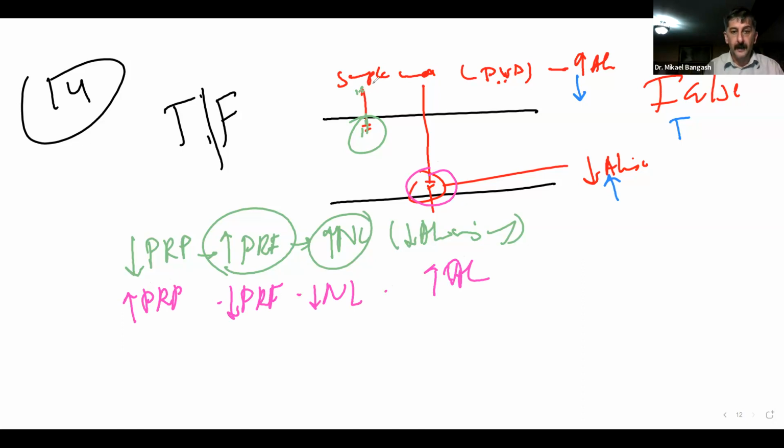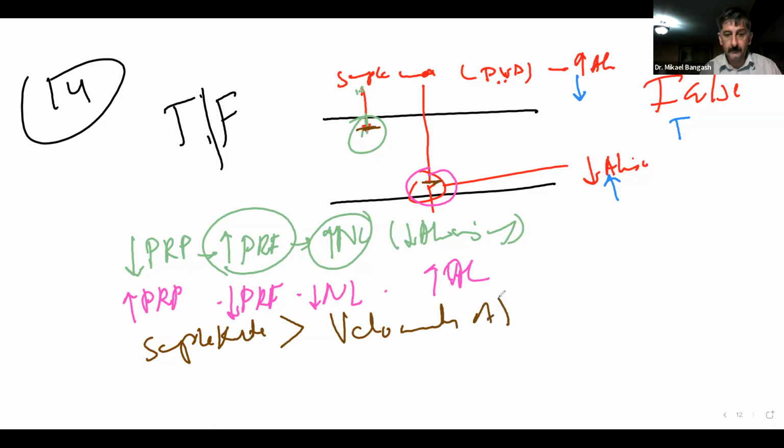What we mainly said here was that the sample rate, which is how many samples you get in a unit of time, if that was greater than the velocity of the blood flowing through the sample gate, there will be no aliasing.